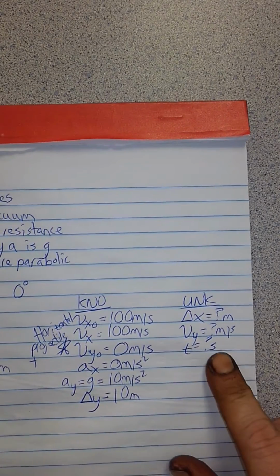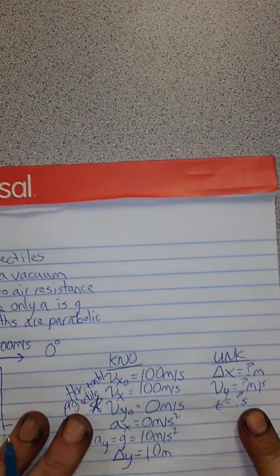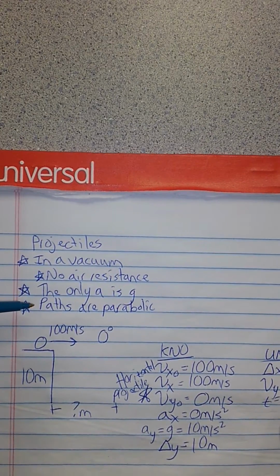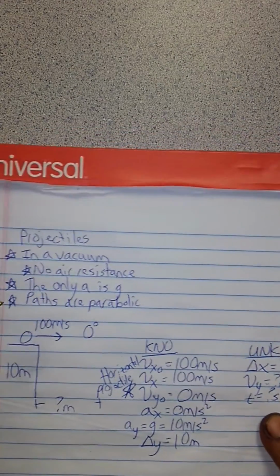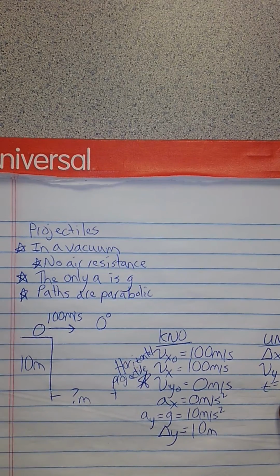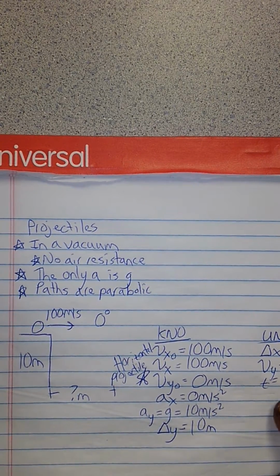So what I would suggest is trying to make that your number one priority if it's not given to you. Now, because our paths are parabolic, our time is going to be problematic sometimes. The reason is that the parabolic nature lends itself to a quadratic equation.